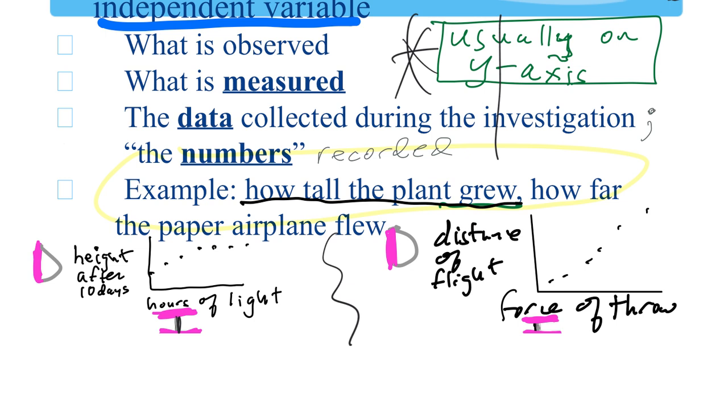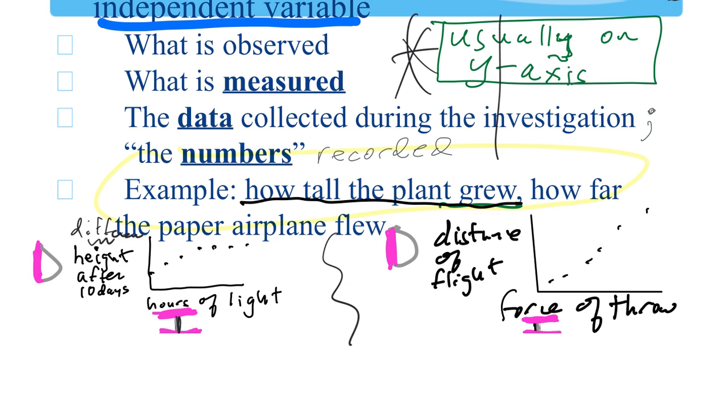Okay, so I have two other little examples down here. If I had plants and I was seeing the effect of light on the plants, I could on the x-axis put how many hours of daylight a given experimental group received, and then I could measure the height after 10 days, or the difference in the height after 10 days from the original height.